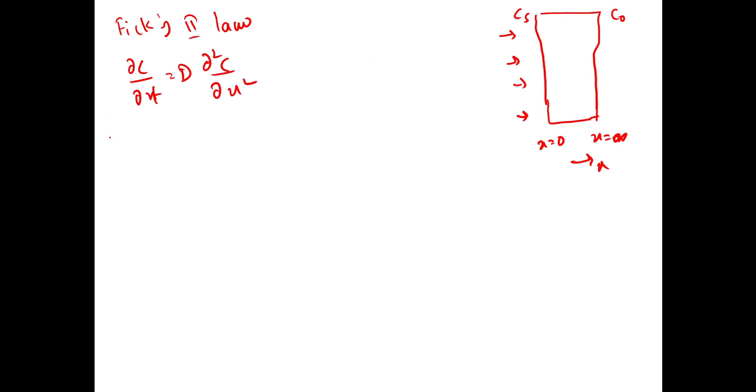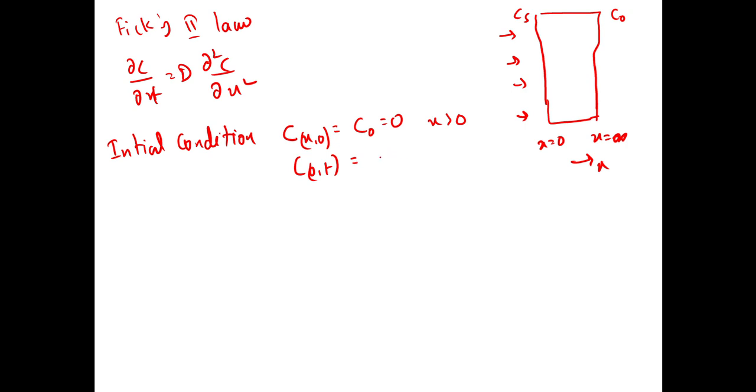So initial condition, x comma 0, that is C naught value.